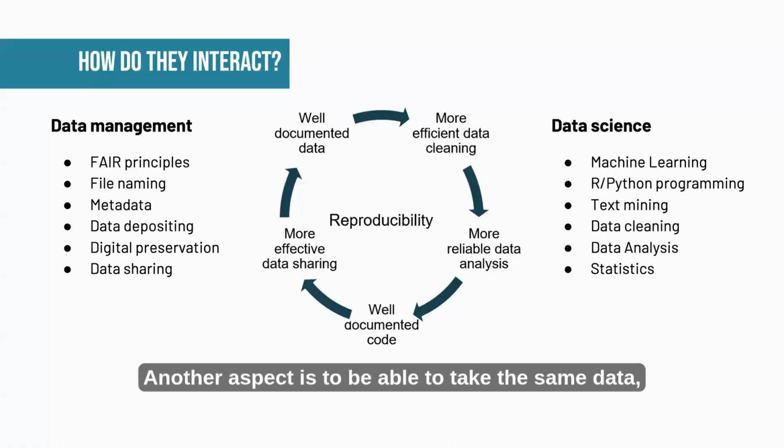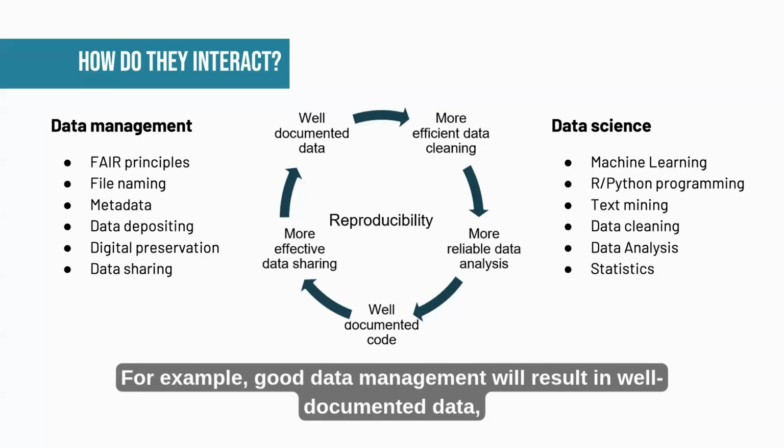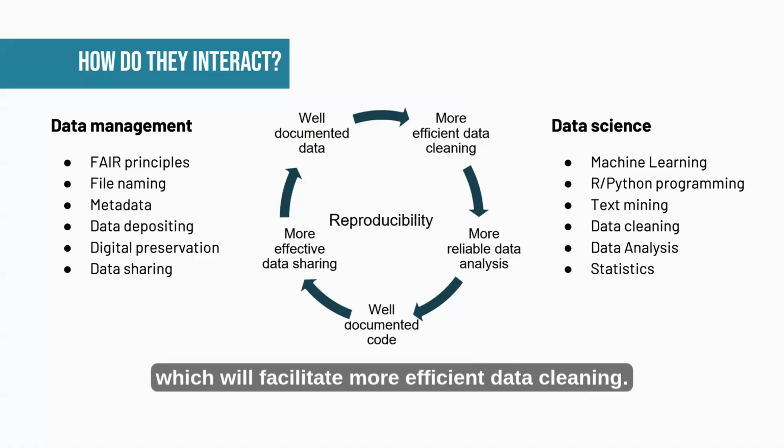Another aspect is to be able to take the same data, run the same analysis, and get the same results. Reproducibility is an area that encompasses both tracks, the data management side and the data science side. For example, good data management will result in well-documented data, which will facilitate more efficient data cleaning.